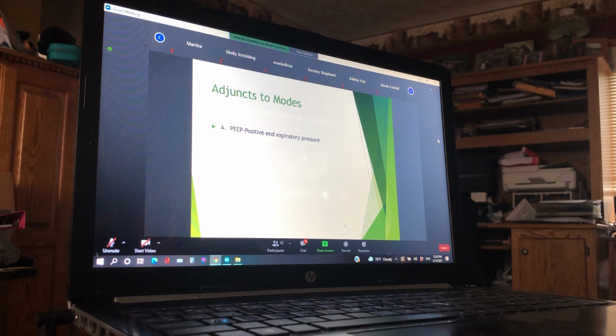So here's your pumping action on your great vessels. This is your lungs inflating, okay? Deflating, okay? Inflating, deflating.